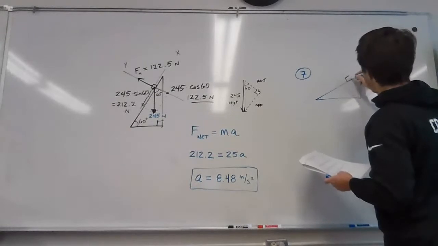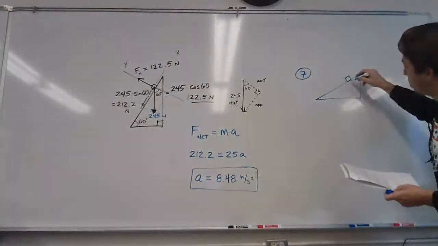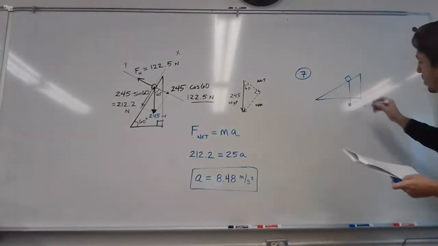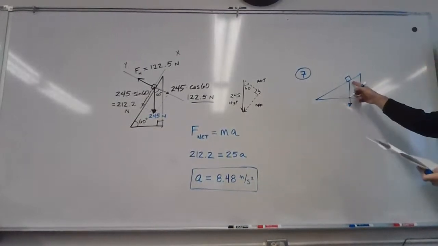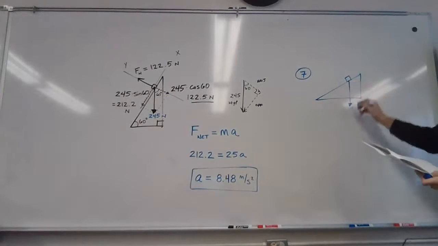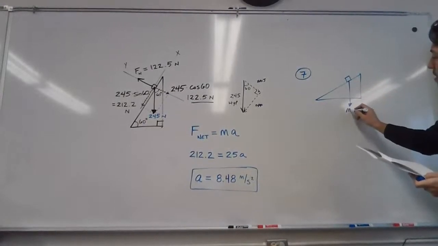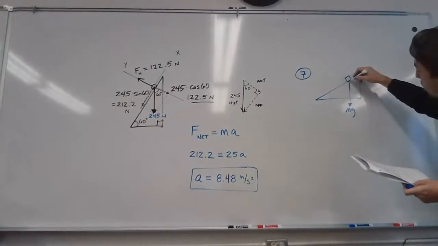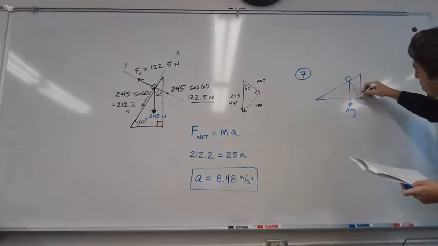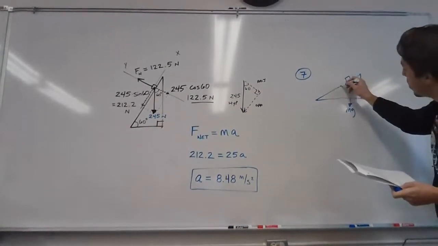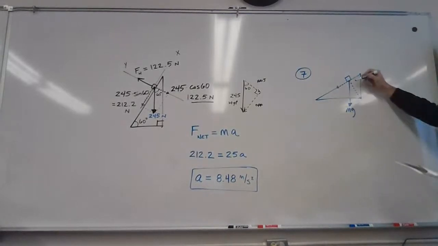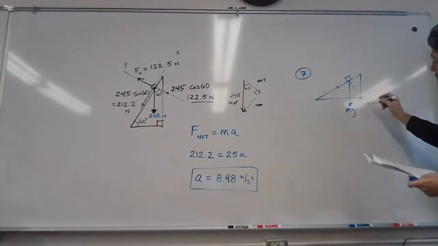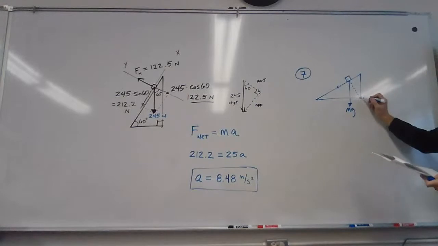Here's the block. What's the downward force? If this block is just M, this is going to be mg. And then our components. There's my y-axis and there's my x-axis. How big is the y-axis one?